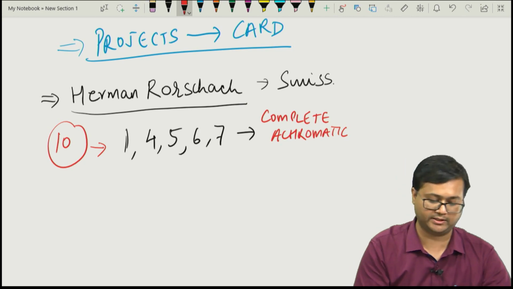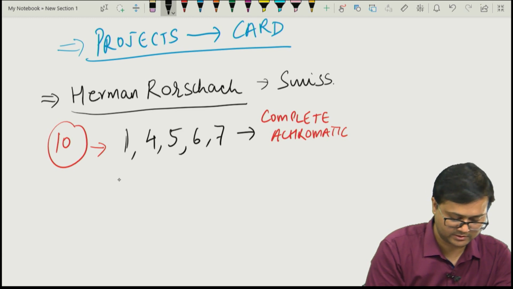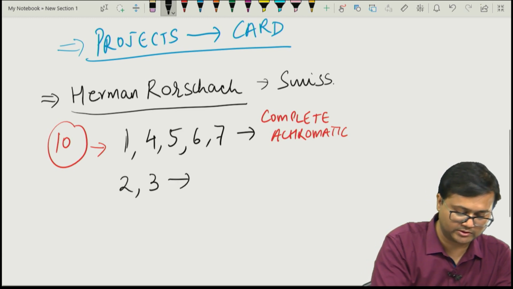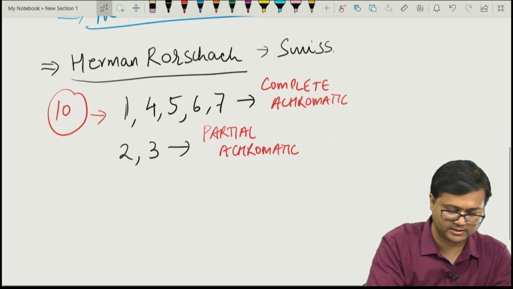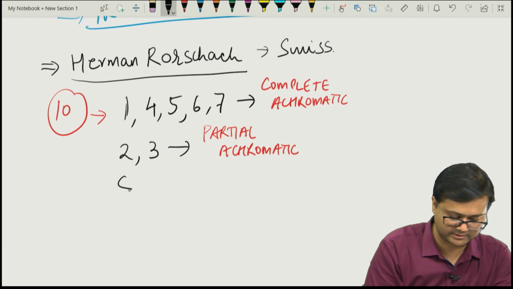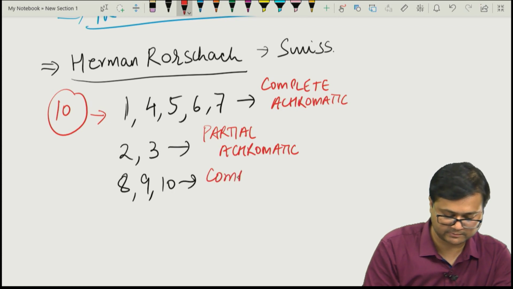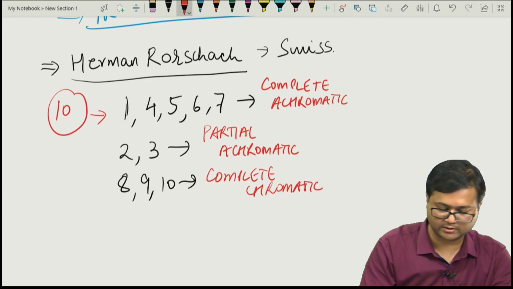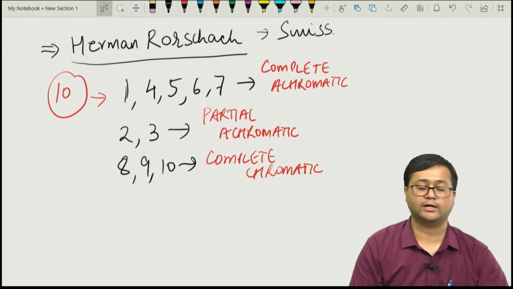Card numbers 2 and 3 are partial achromatic cards. And the remaining cards, that is card numbers 8, 9 and 10, are complete chromatic, so they are colorful cards. These are the various cards used in the Rorschach test.